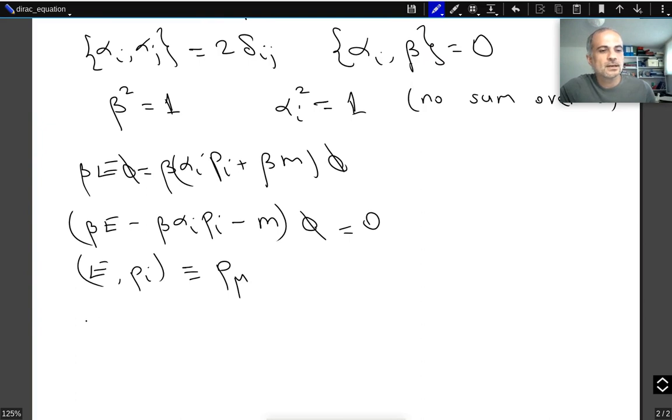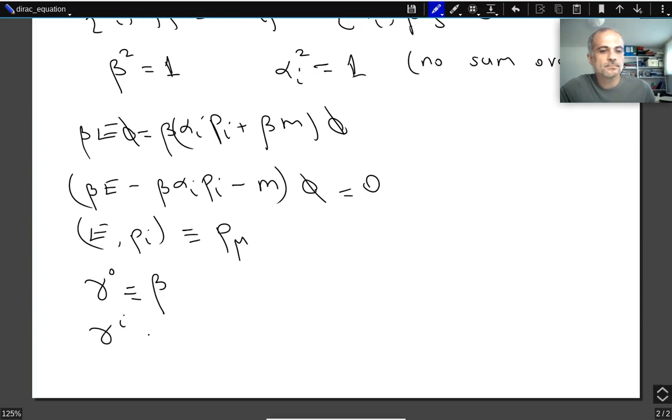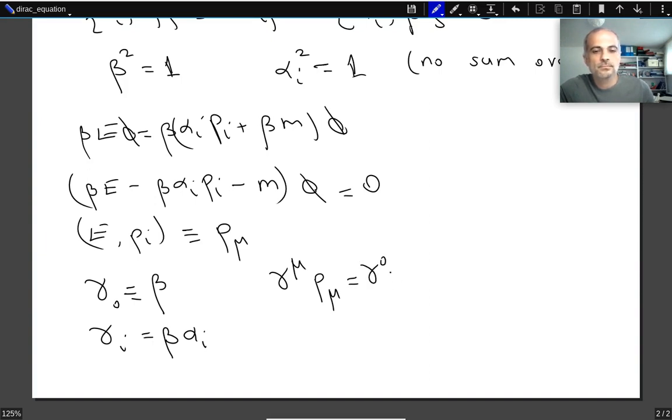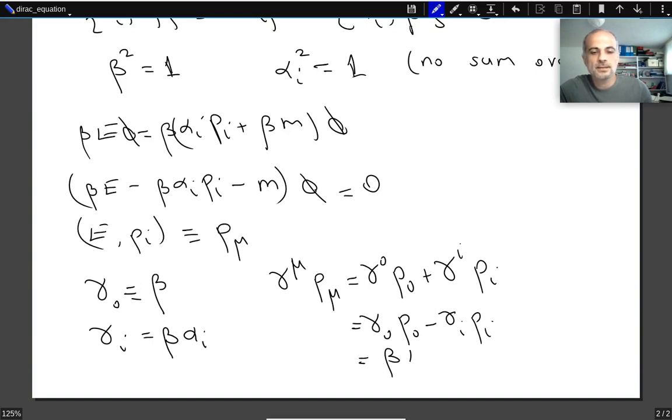So I will define γ^0 to be β, and γ^i as β α_i, so that γ^μ p_μ is actually equal to γ^0 p_0 plus γ^i p_i, which is γ^0 p_0 with the lower indices, which is just β E minus β α_i p_i.